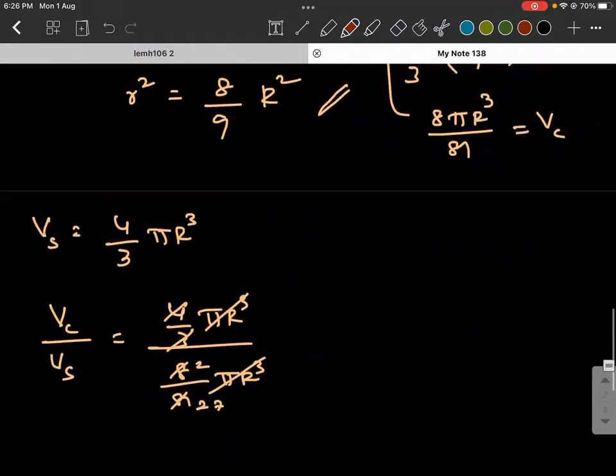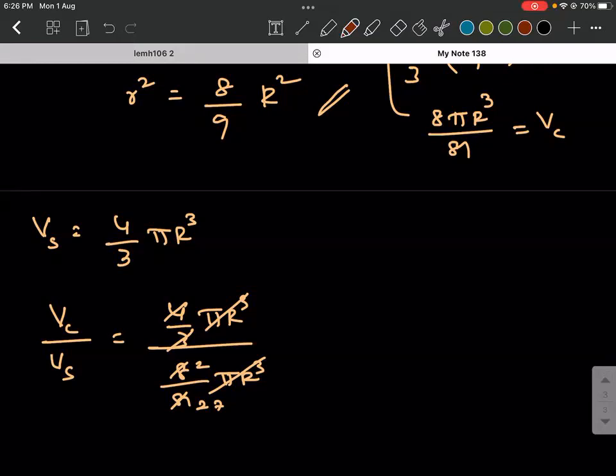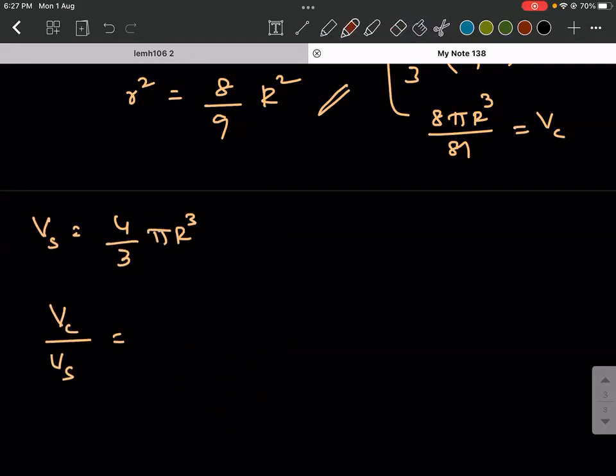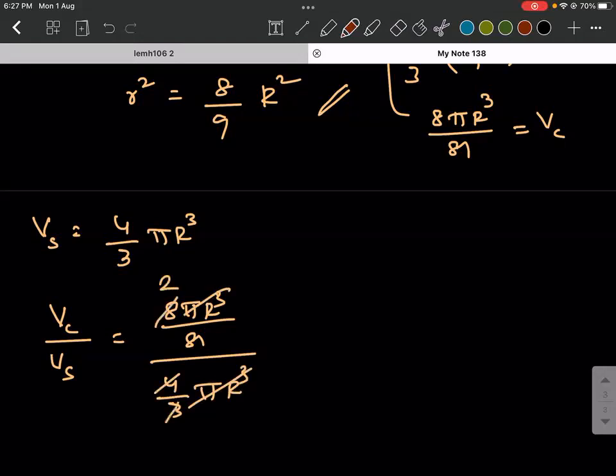But I should get the same answer. So the volume of cone is 8πR³ divided by 81, divided by the volume of sphere, 4 by 3 πR³. This and this will get cancelled. This cancels 2 times. This cancels 27. Still, I should get 8 by 27 here.